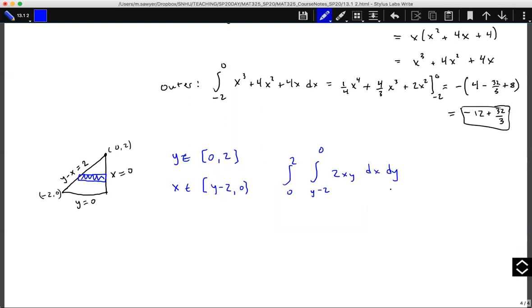So it depends on what you're more comfortable with, horizontal rectangles or vertical rectangles in this case.